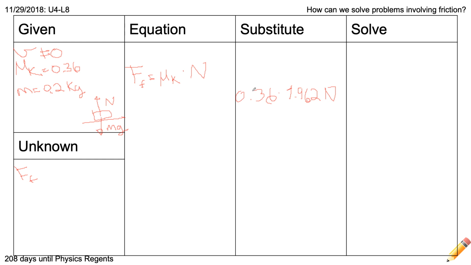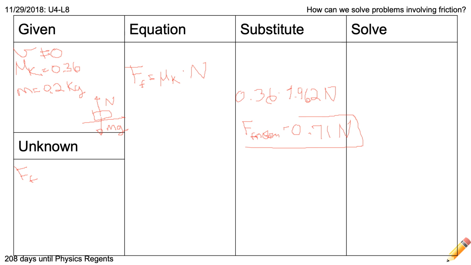I multiply that by the coefficient of friction, 0.36, for a frictional force equal to 0.71 newtons.